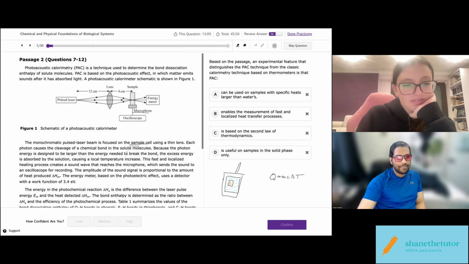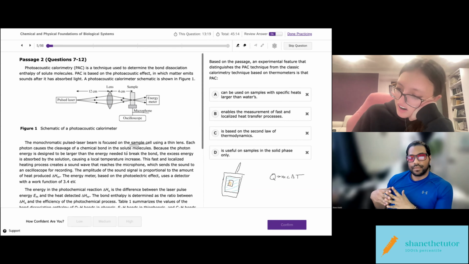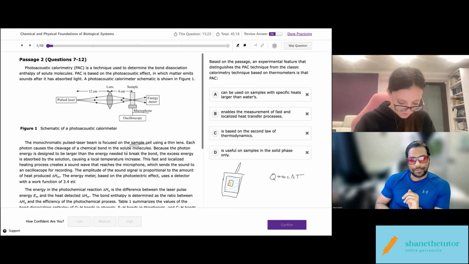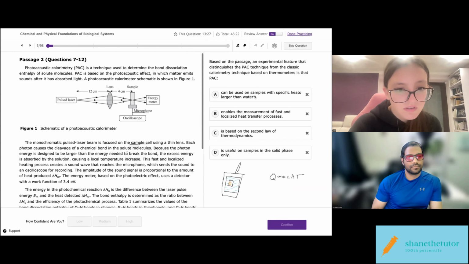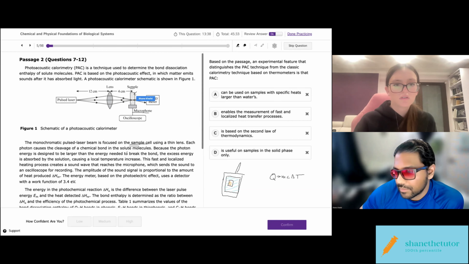Okay, so we have a pulse laser that's shooting some light. The light hits the lens and starts to converge, and it converges where? In the microphone? Yeah, like here, right? Maybe this is the sample.